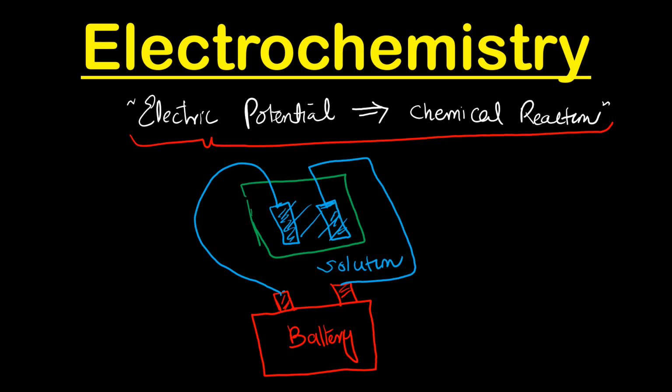Suppose this is the cathode represented by C and this plate is the anode represented by A. So when the potential is applied on this solution, if the potential is quite higher than the binding energy of the chemical present in the solution, then this potential will cause dissociation of the chemical solution into ions, and this process is also known as electrolysis.